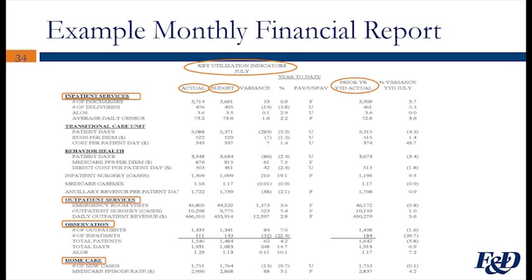Key utilization indicators: what's driving the business? Is it number of units served? If it's a hospital, is it average length of stay? Is it patient days? Is it inpatient surgery cases? Is it case mix? It could be any slew of things for a healthcare organization that are the key indicators driving the operations.